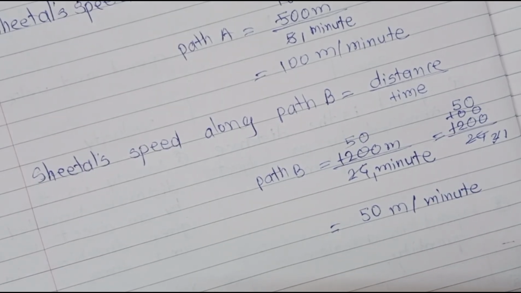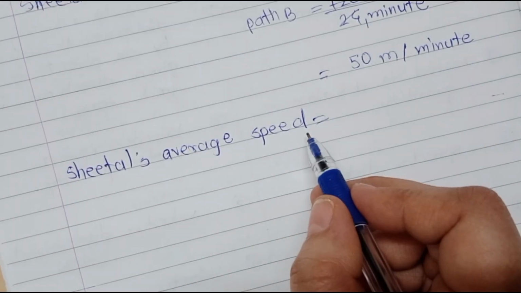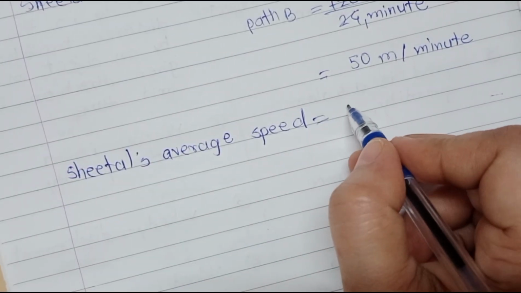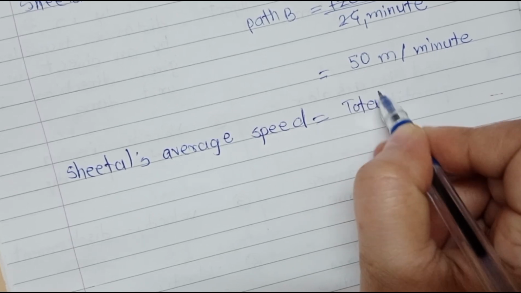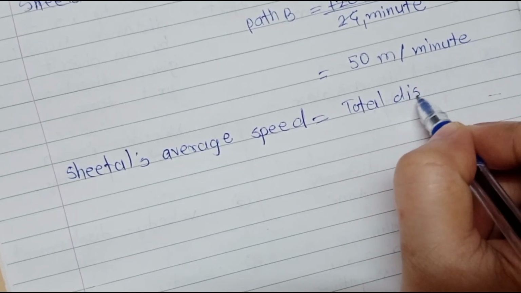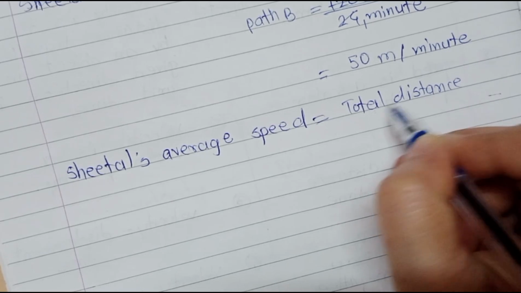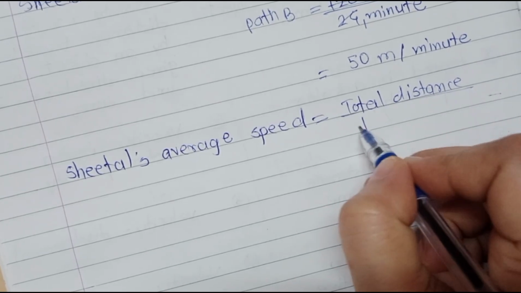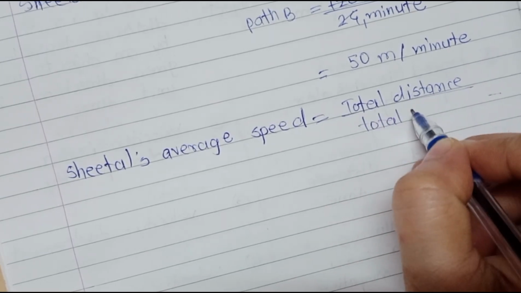Now we see Sheetal's average speed. Sheetal's average speed equals total distance upon total time.